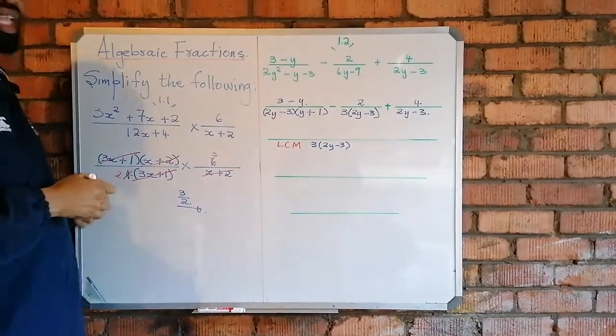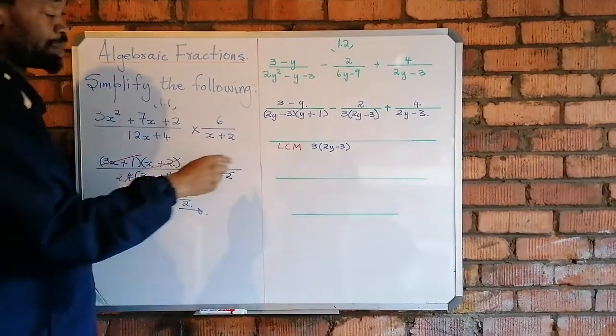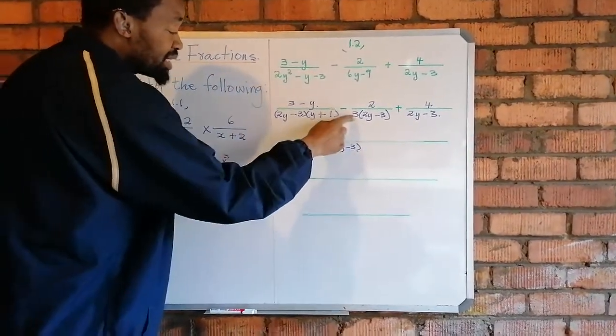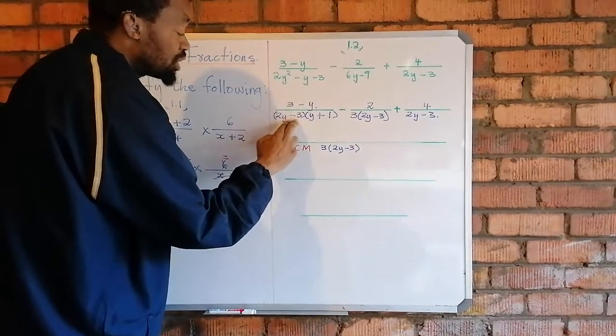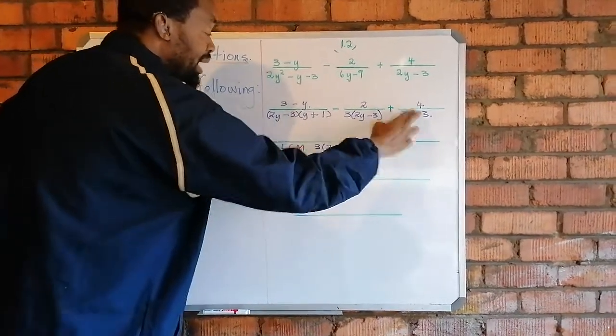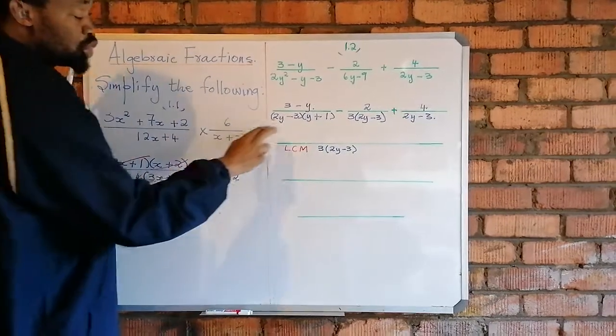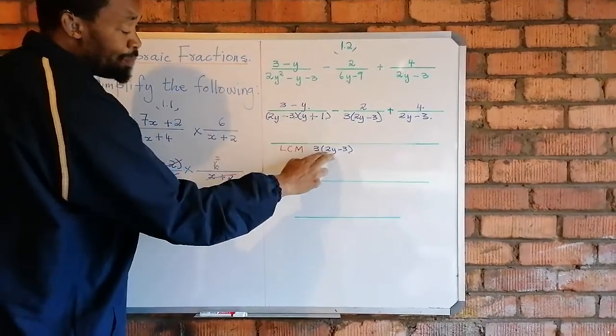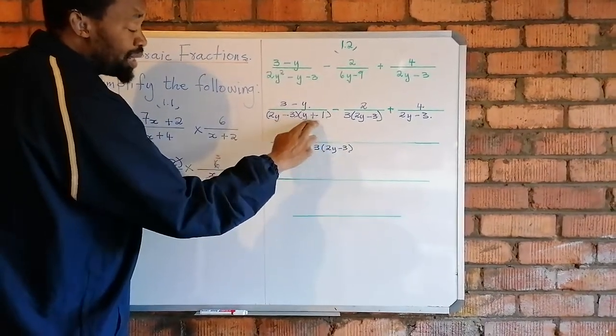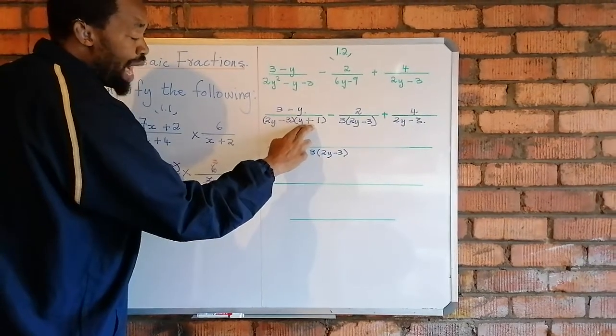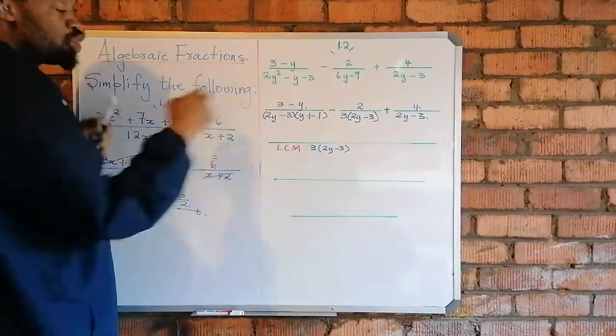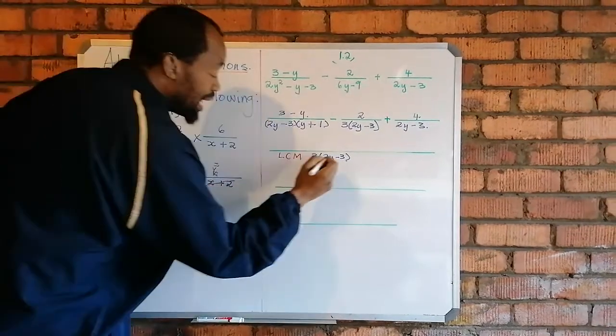Remember, I want the lowest common multiple. I'm multiplying this 3 by this 2y minus 3. Surely, if you are talking about the lowest common multiple, if there's no y plus 1 there, you won't be able to work this out.